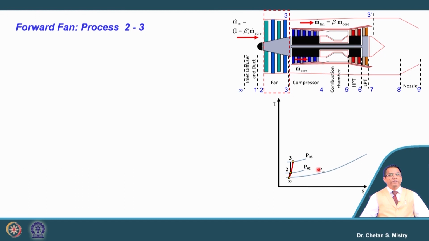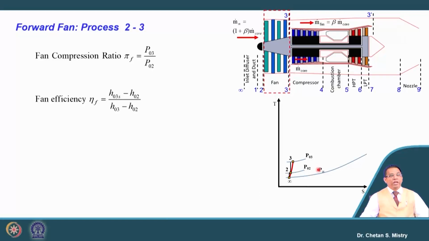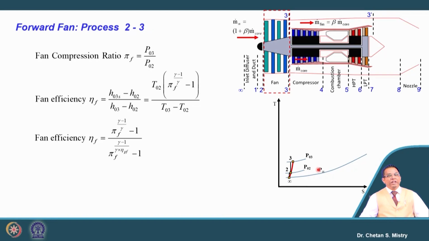Now, let us look at the next component, which is the fan or fans. Here in this case, the fan pressure ratio is P03 by P02. We have information about the fan efficiency, which we discussed in our second week, where at the initial stage we need to assume this efficiency value and its range. We are correlating this in terms of efficiency and pressure ratio.